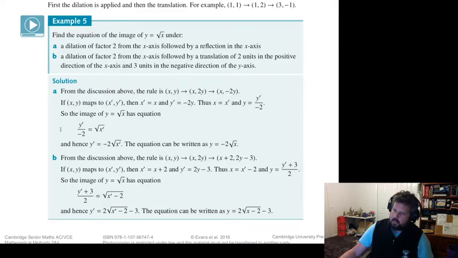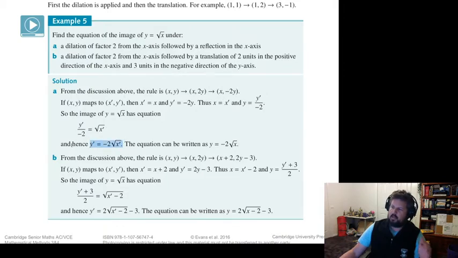Some people are tempted to leave it like that, but what we want to do is rearrange it so it's in a nice format where it's y dashed is equal to something rather than having all this stuff here. So again, it's just a matter of rearranging things. To get rid of this dividing by negative 2, we multiply both sides by negative 2. You end up with y dashed is equal to negative 2 square root of x dashed.